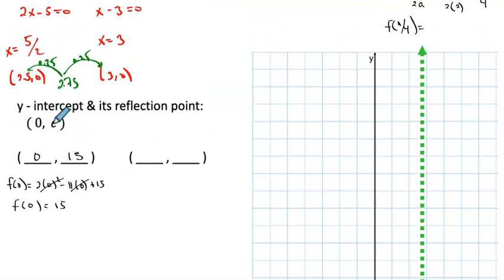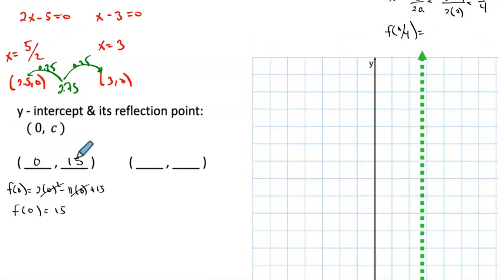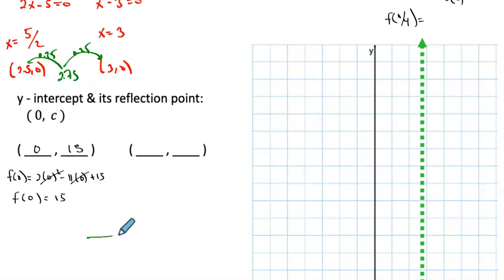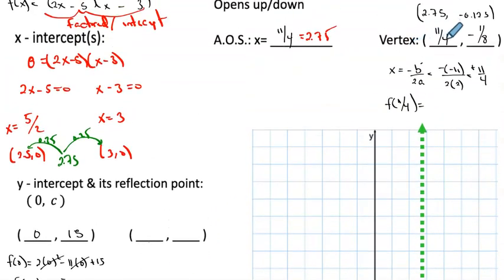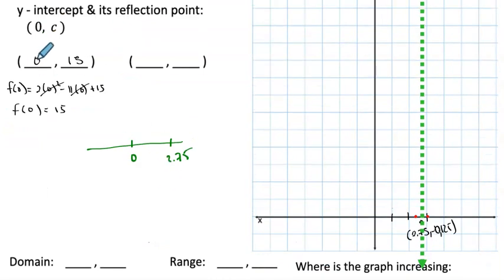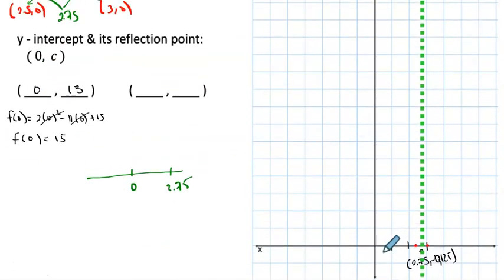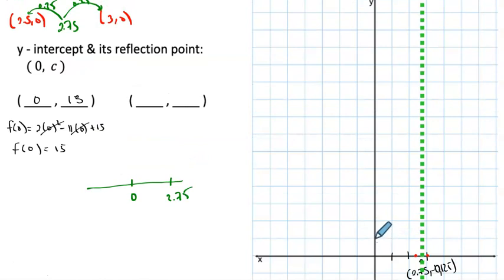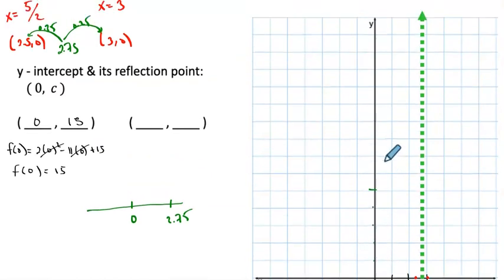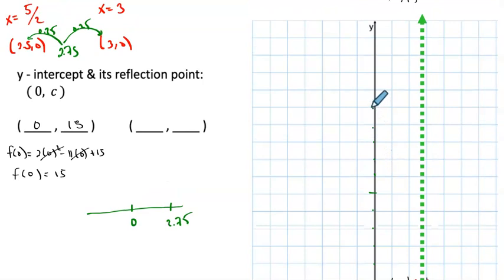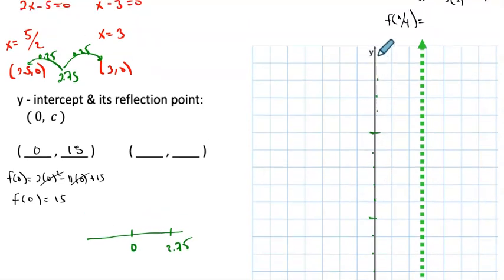So we also said the y-intercept is (0, 15). Well, how far away is 0 from 2.75? It's 2.75 units to the vertex, which is 11/4. So here's 0, I'm going to count up to 15: 1, 2, 3, 4, 5, 6, 7, 8, 9, 10, 11, 12, 13, 14, 15.